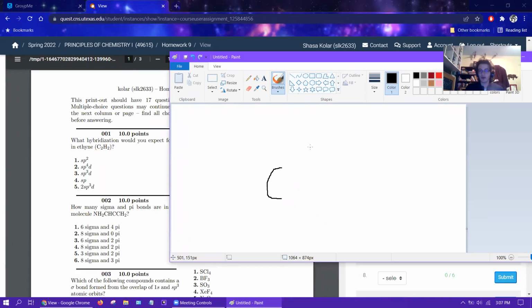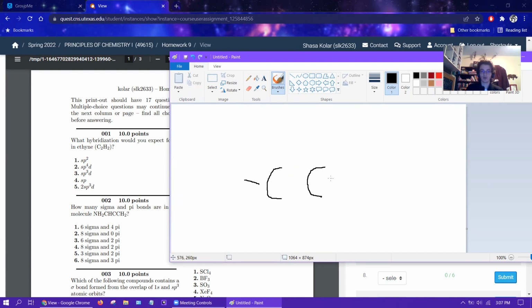I'm going to try and not give away a bunch of questions, but I do want to explain how to do some of the problems. So like I was saying, because carbon can form double or triple bonds with other carbons, and there are 2 carbons in this molecule, we want to sketch it out to find how many electron pairs or sigma bonds there would be, which is a single bond, or the first bond if it's a double or triple bond, in order to find out what the hybridization would be, because pi bonds do not factor in the hybridization because they're pure p.